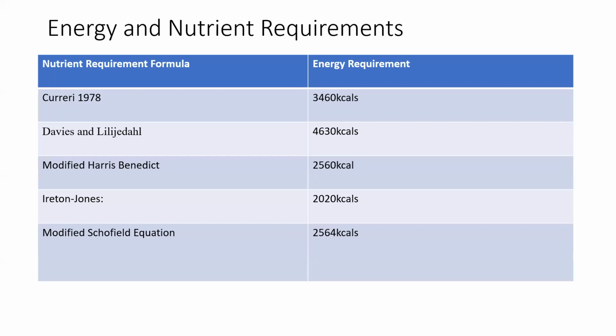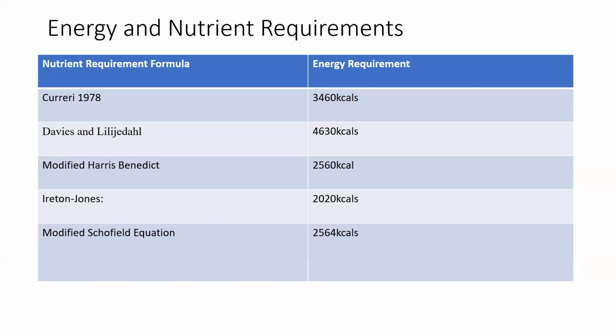When we did the modified Harris-Benedict, we came up with 2,560. When we did the Ireton-Jones, we came up with a total of 2,020 kilocalories. The modified Schofield equation gave us 2,564. So we see that most of these equations will give us different amounts of energy.